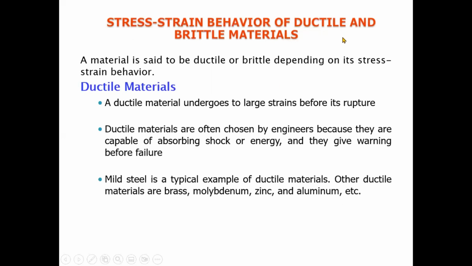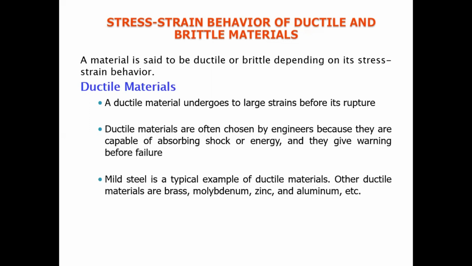Stress strain behavior of ductile and brittle material. A material is said to be ductile or brittle depending on its stress strain behavior. First, we talk about ductile material. A ductile material undergoes large strain before its rupture.